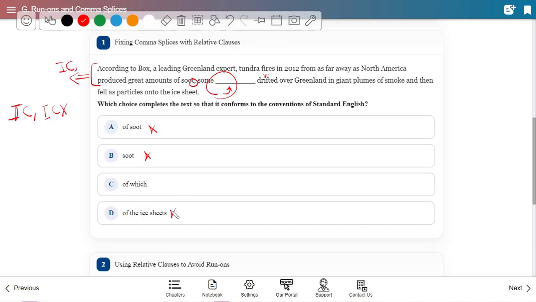Some of the ice sheets is wrong, and it also makes no sense. So that's why some of which is the correct answer, because it makes the relative clause and it avoids creating a direct subject. So the answer is C.